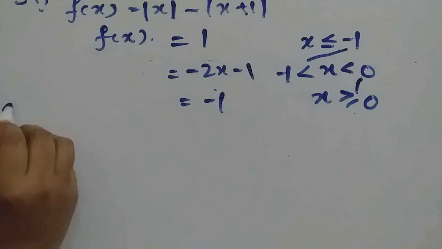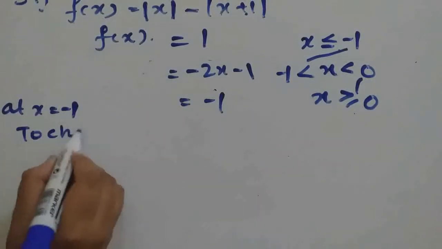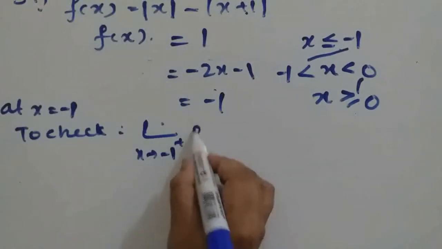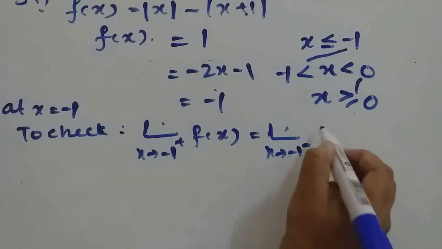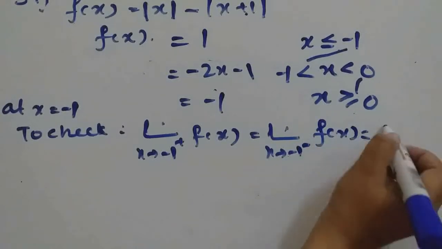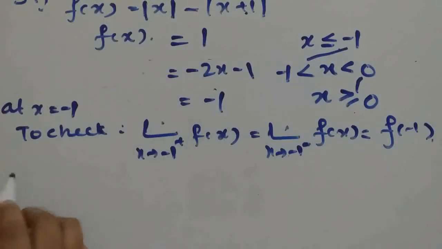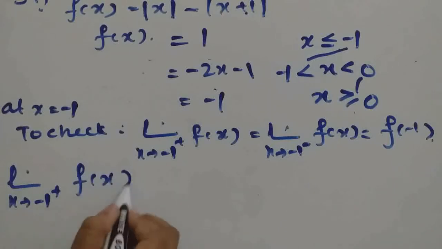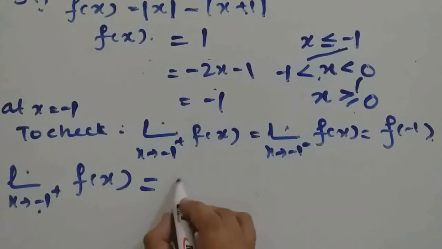Suppose at x equal to minus 1. For this we have to check that limit x tends to minus 1 plus f of x, limit x tends to minus 1 minus f of x, equals f of minus 1. Limit x tends to minus 1 plus means x greater than minus 1, which is the second function.